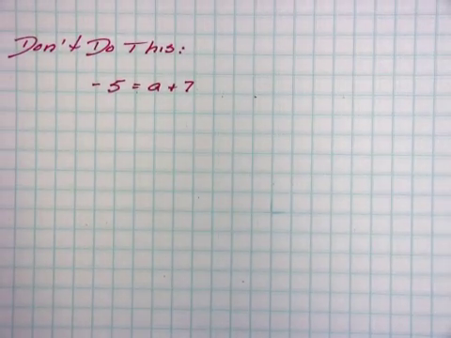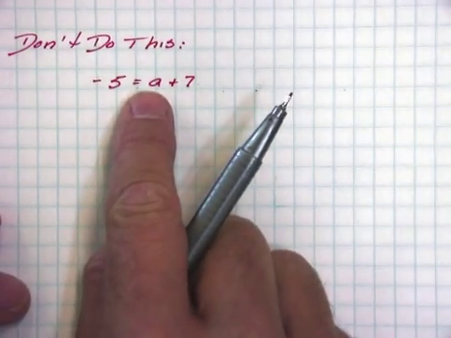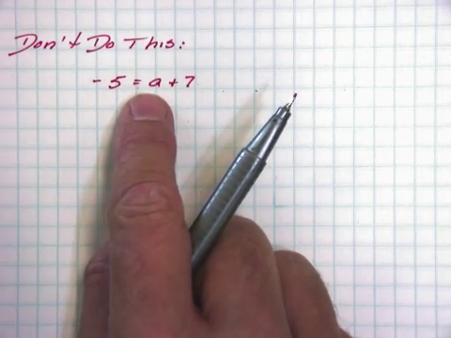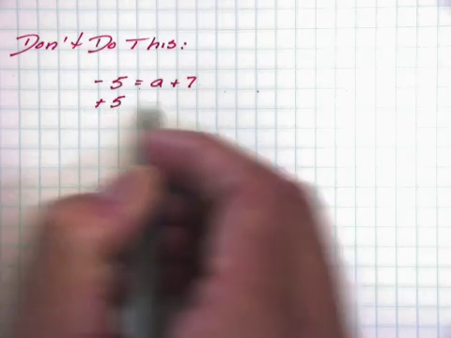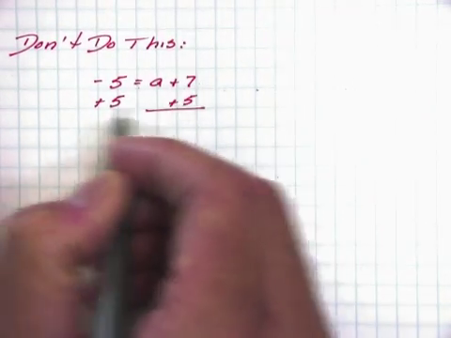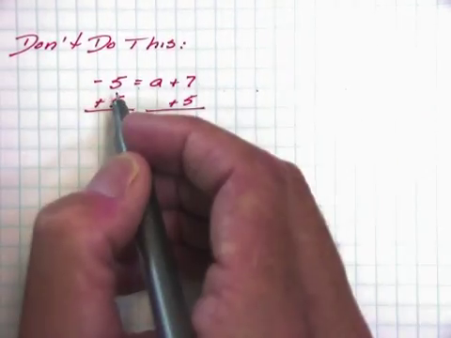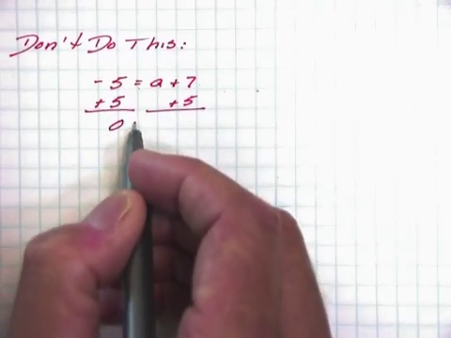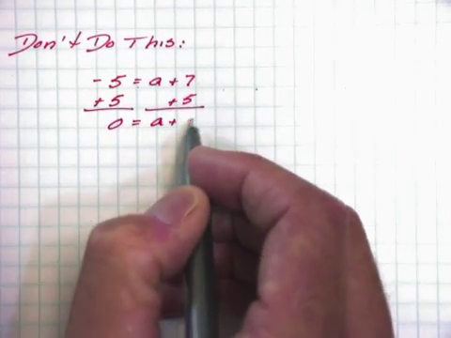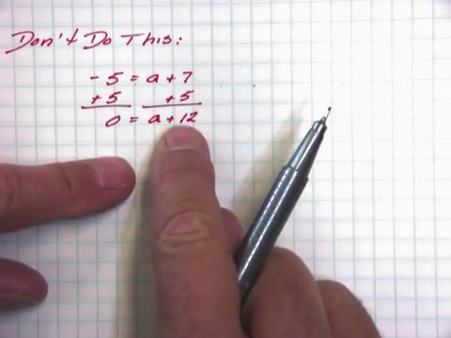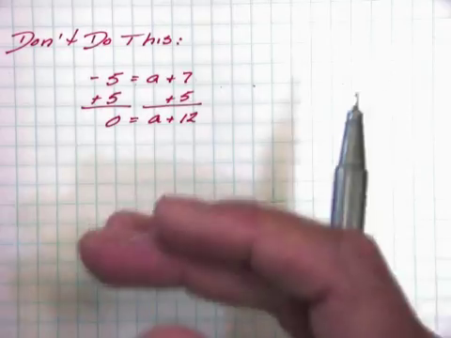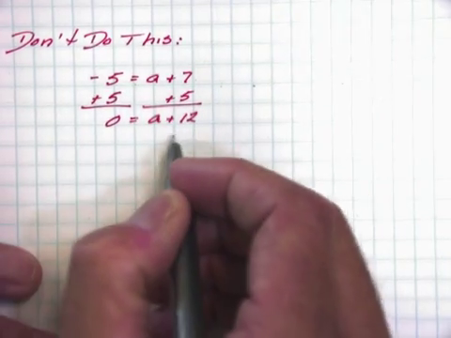Sometimes I see students do this, and while this will get you to the correct answer, you're adding steps for yourself. So if you were looking at this problem, you might just jump into it and say, well, to cancel the negative 5, I just add 5 to both sides. Okay, well, you're partway there. The negative 5 and the 5 cancel. You get 0 equals a plus 12.